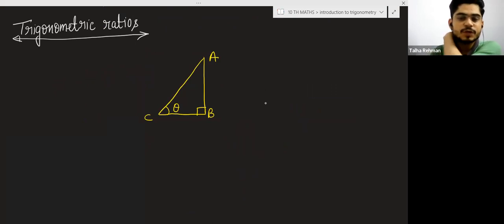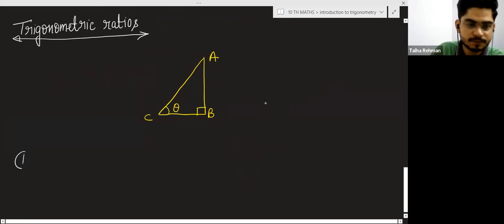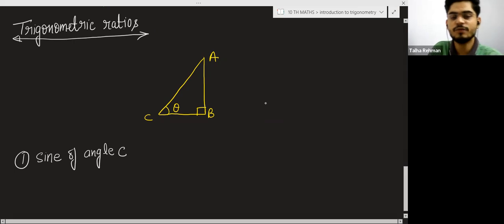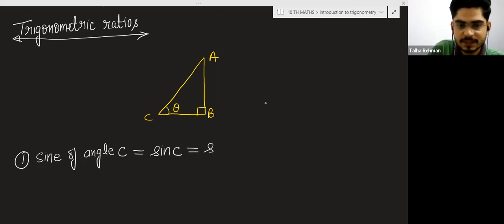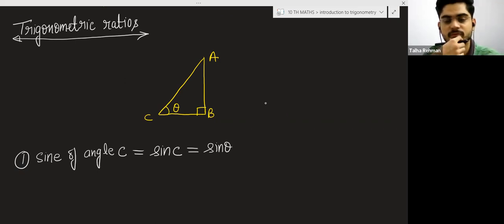So trigonometric ratios are: number one, sine of angle C, which you write as sin in short form, sin C, or sin theta.